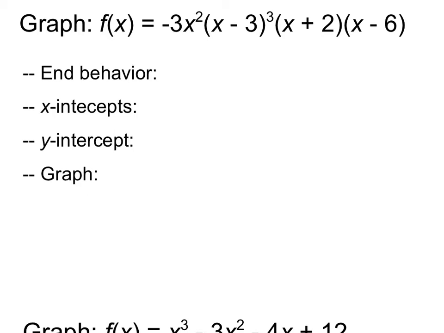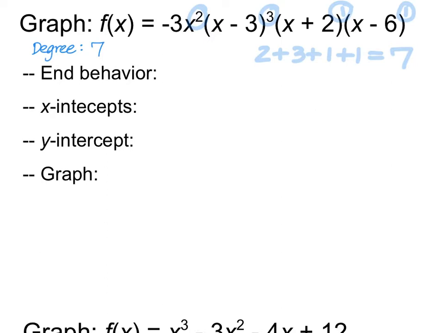Here we have a multiplicity of 2, a multiplicity of 3, a multiplicity of 1, and a multiplicity of 1. So 2 plus 3 plus 1 plus 1 equals 7. So the degree here is 7. I don't have it written here, but it's good to remember that the degree is 7.